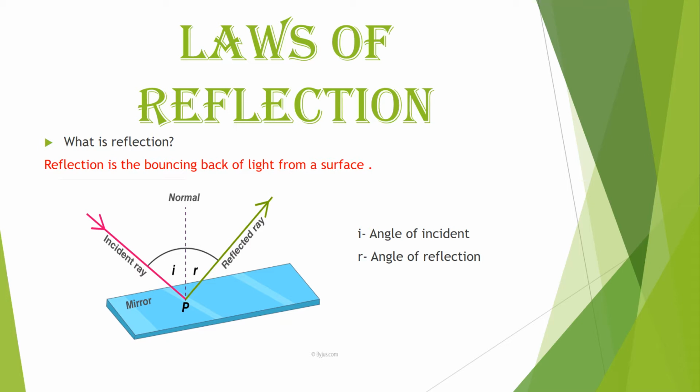Between the incident ray and the normal, there is an angle created. This is called the angle of incidence. And the angle created between the reflected ray and the normal is called the angle of reflection. Let's go and see what the laws of reflection are.